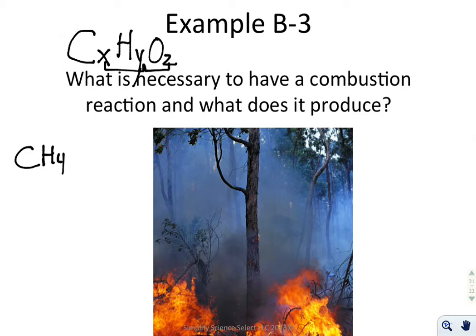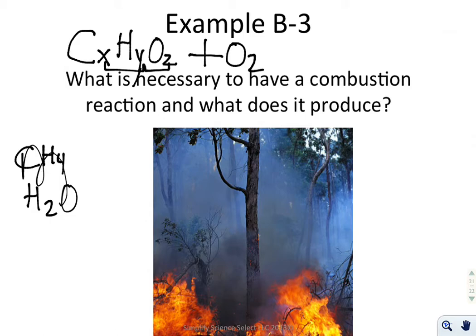Even though there's no oxygen, the Z value is just 0. You can combust something like H2, because the X value is 0. But you have to have oxygen present. That's the requirement. If there's no oxygen, something will not burn.